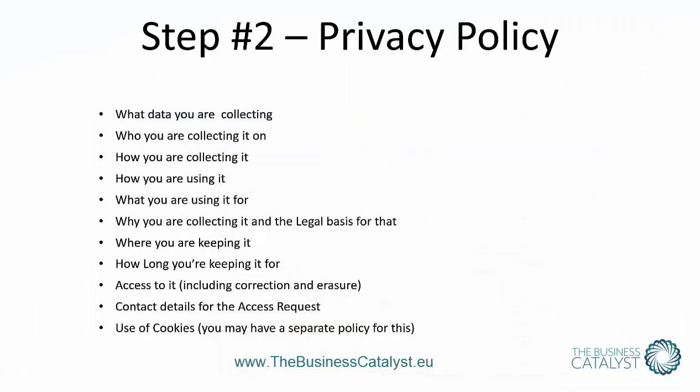So the information would be what data you're collecting, who you're collecting it on, how you're collecting it via web forms or telephone, how you're using it, is it to perform a contract or legal obligation or for marketing purposes, is what you're using it for, all of this in the document that we collected the information in earlier.